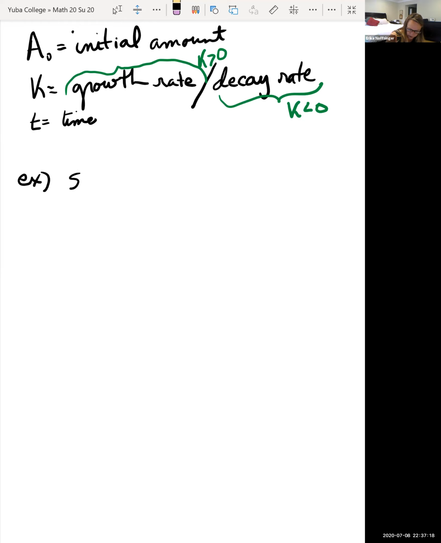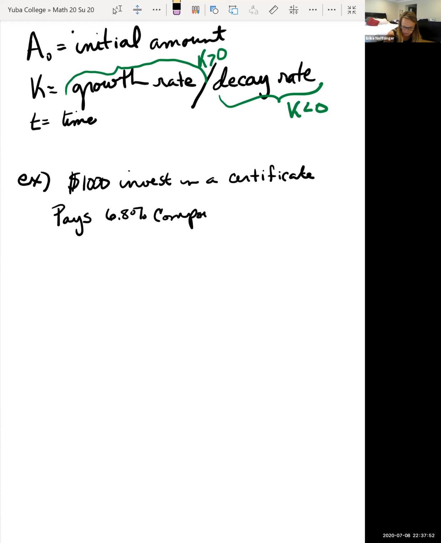Okay, so we have $1,000. She's going to invest it in a certificate of deposit that pays 6.8% compounded continuously and matures in 3 months.